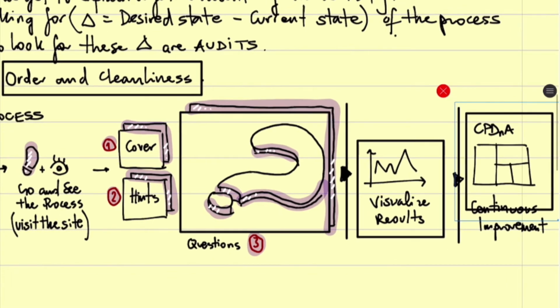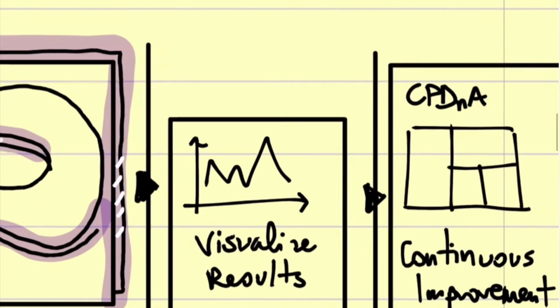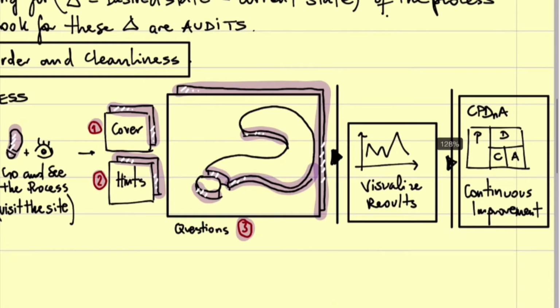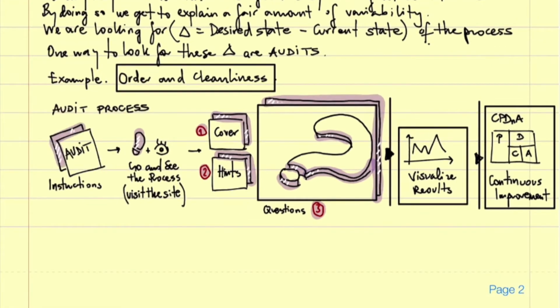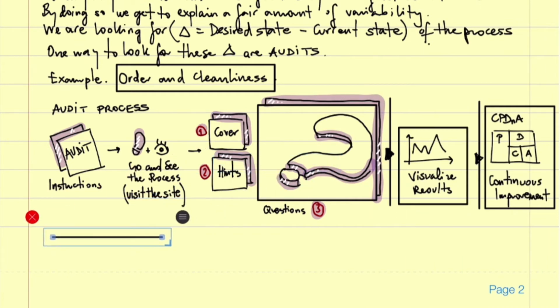So if you're interested, contact me. I can give you some links where it is explained. Or you can Google it, I guess. Most of you know PDCA, plan, do, check, act. So this is just continuous improvement. We use the results as the check part in the audit. Okay, so this is the audit process. And I guess this was one of the questions last year in the exam.